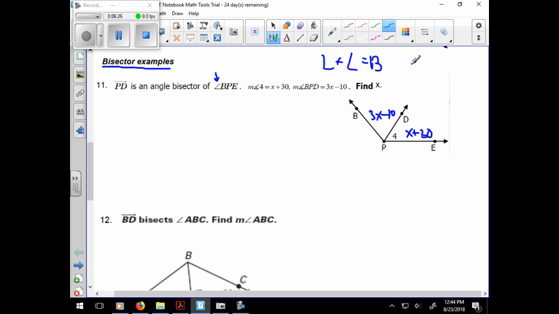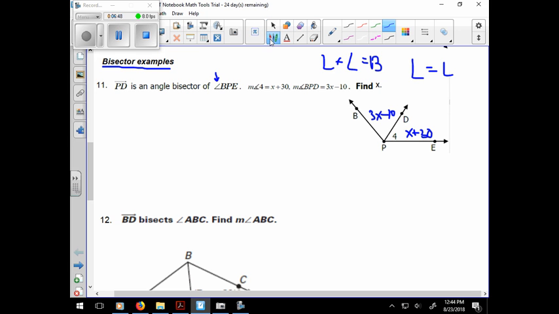If you cut my grass today, if I gave you half now and half later, and I gave you $20 at the beginning, common sense says you should be expecting $20 more. So if it's a bisector, the littles are equal.